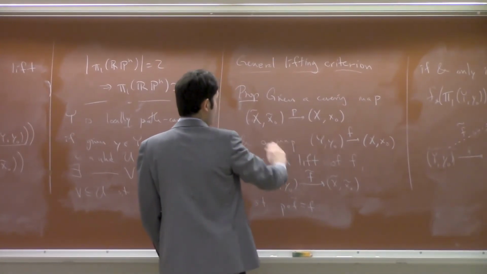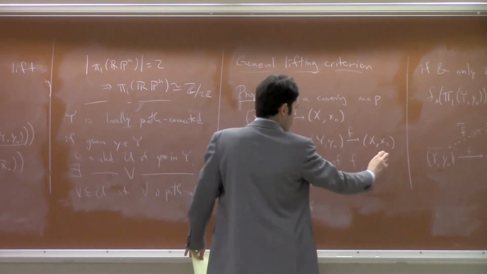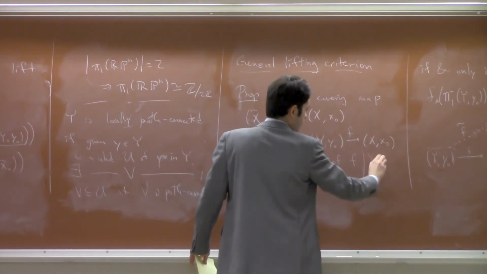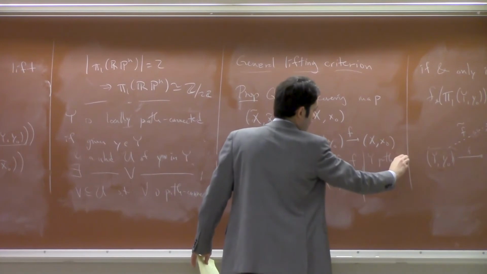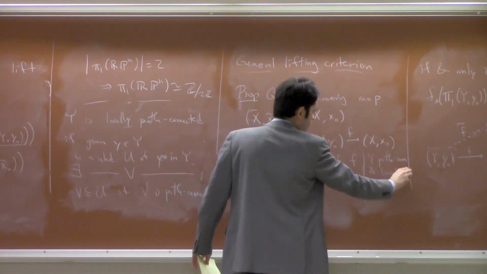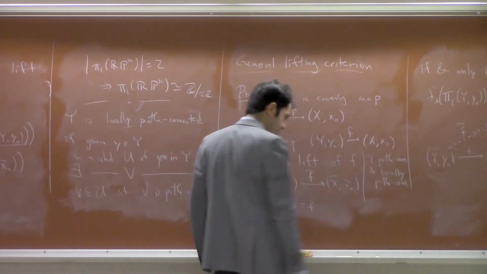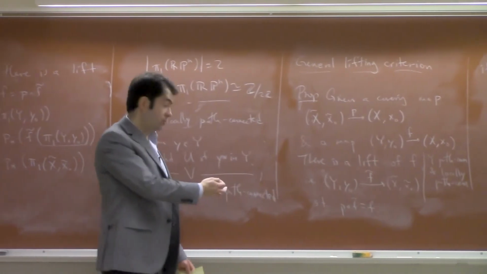Oh, sorry, of course, I introduced this because we need this hypothesis. So this is here with Y path connected and locally path connected. Sorry, so of course that's why I introduced the definition.